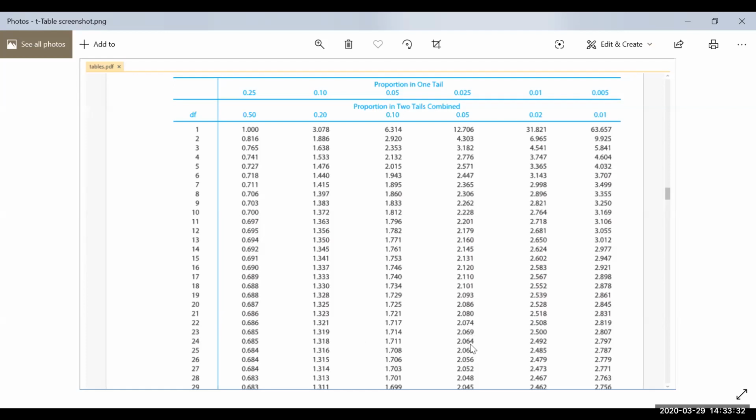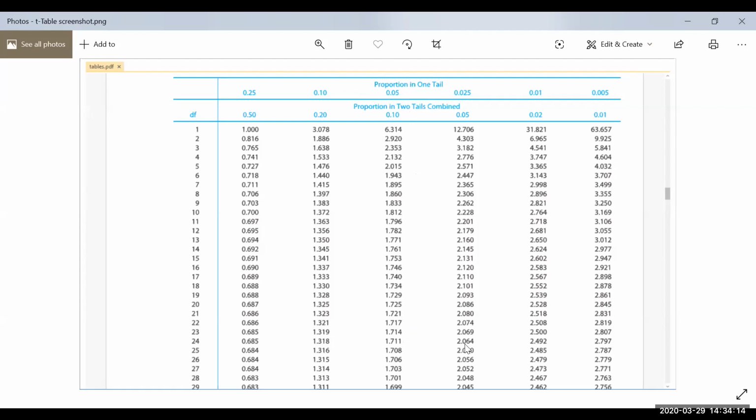Okay. Now, had we had the same values in the same scenario, but it was a one-tailed test, we would still go to degrees of freedom of 24, but we would use the row that says proportion in one tail. So we take our alpha, which is 0.05, and move down to 24, and it looks like 24 proportion in one tail would be 1.711.